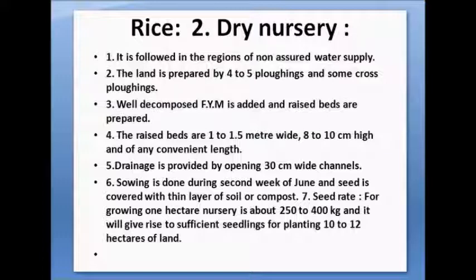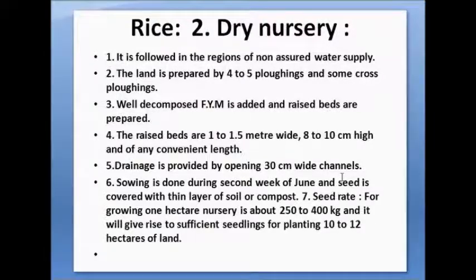Length should be up to 50 feet; we can reduce or increase the length of the bed. Then drainage channels are made around beds, between the 2 beds, and then sowing is done.